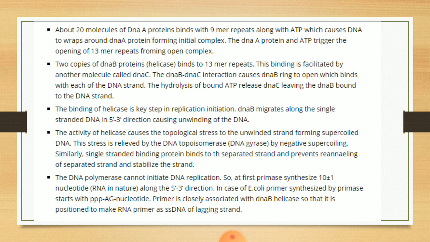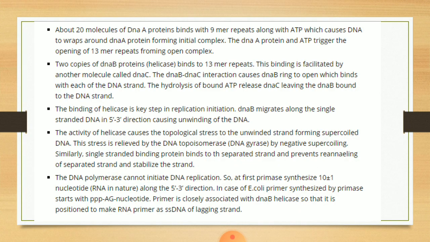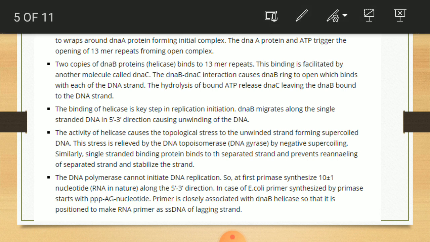Here I explain that DnaB acts as the helicase and migrates along the 5' to 3' direction. The activity of the helicase causes negative supercoiling in the DNA. This stress is removed by the DNA gyrase enzyme, and then they can proceed with DNA replication by formation of an open initiation complex.